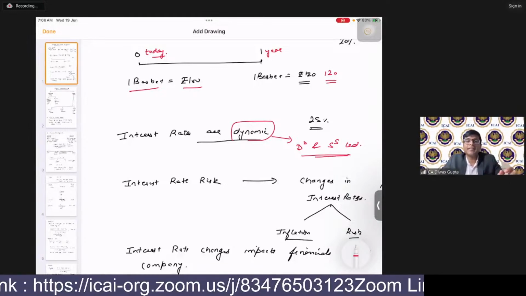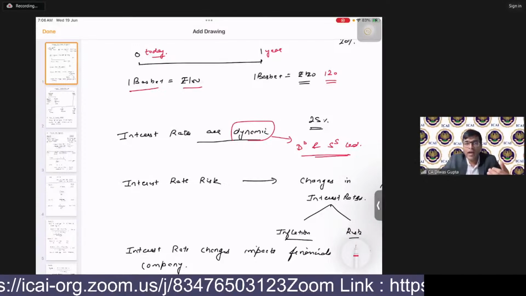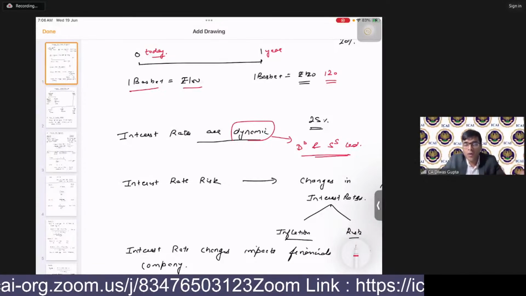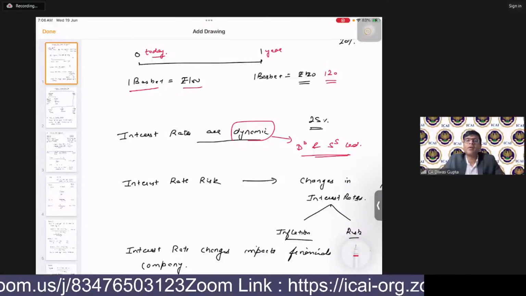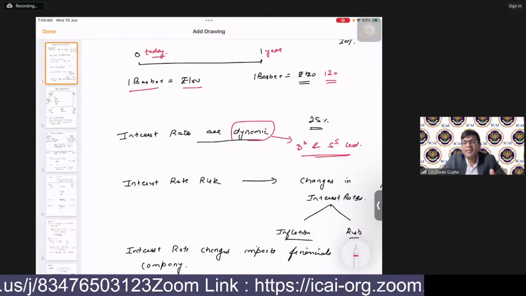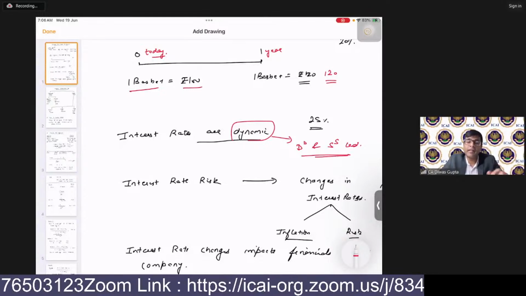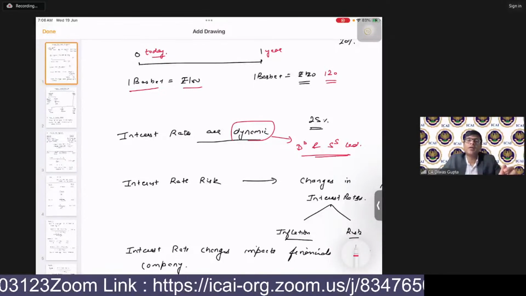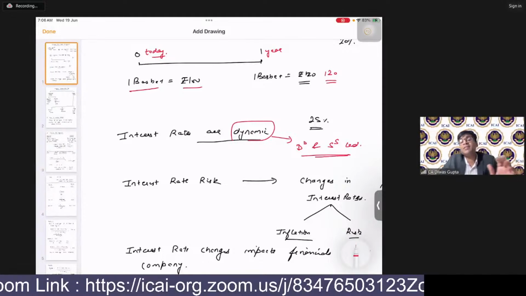Now the risk is that because of such interest rates, we would have taken some loan or given some loan, either case, and they will be carrying a certain rate of interest. Hence, it might lead to differences in the outcome compared to what we would have estimated.